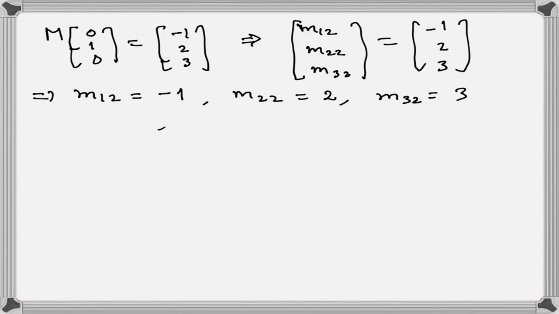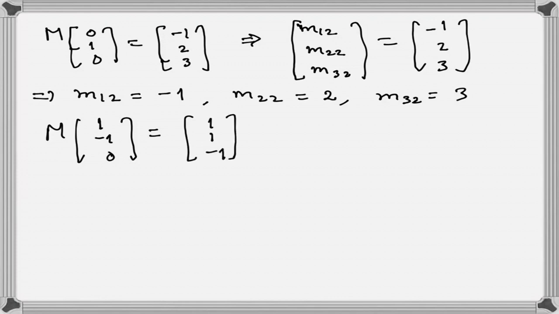Okay, so let's take the second equation, which is M times (1, minus 1, 0) is equal to (1, 1, minus 1).